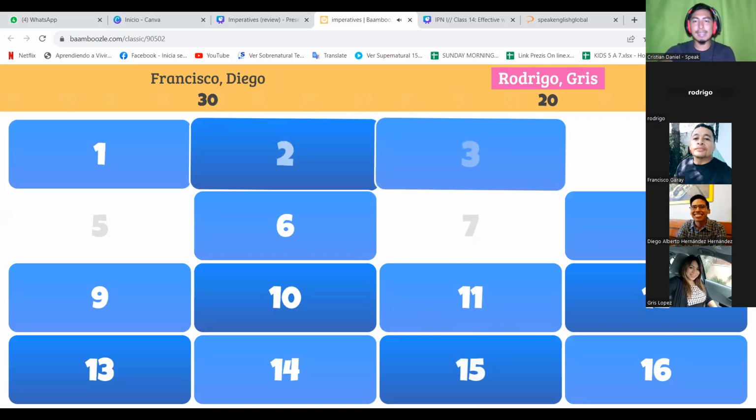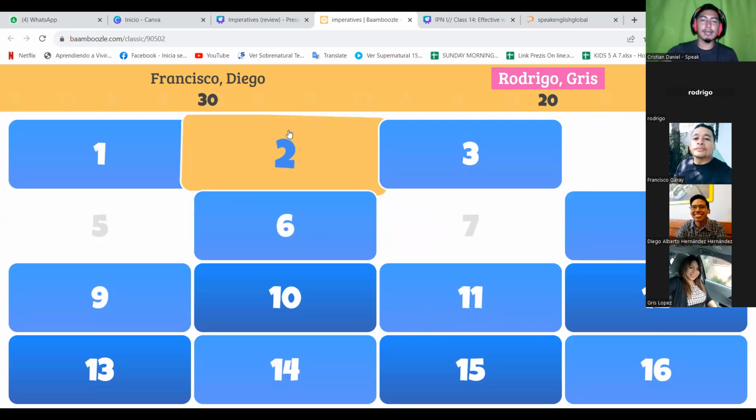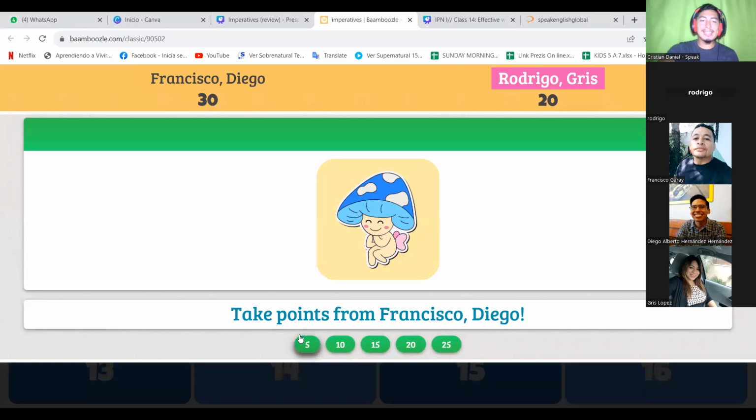Excellent example. Let's move. Let's continue with Griselda. Gris, tell me a number, please. Number 2. Number 2. Let's check. Okay, take points from Francisco and Diego. I'm really sorry, guys. They are choosing the good numbers.